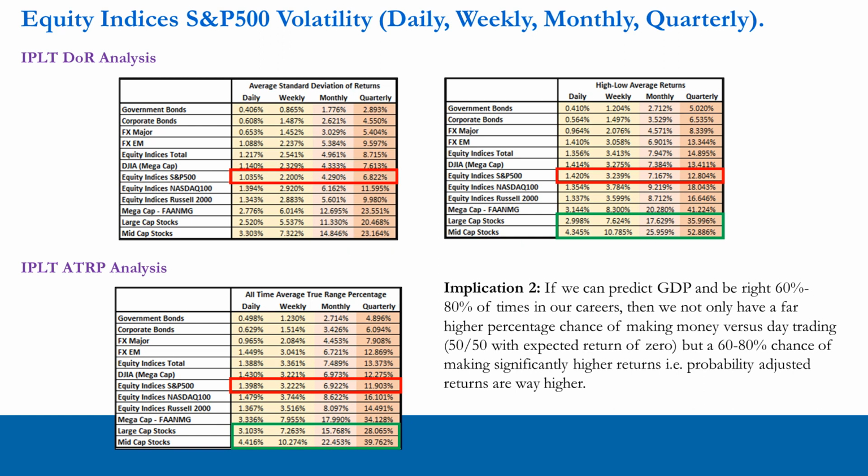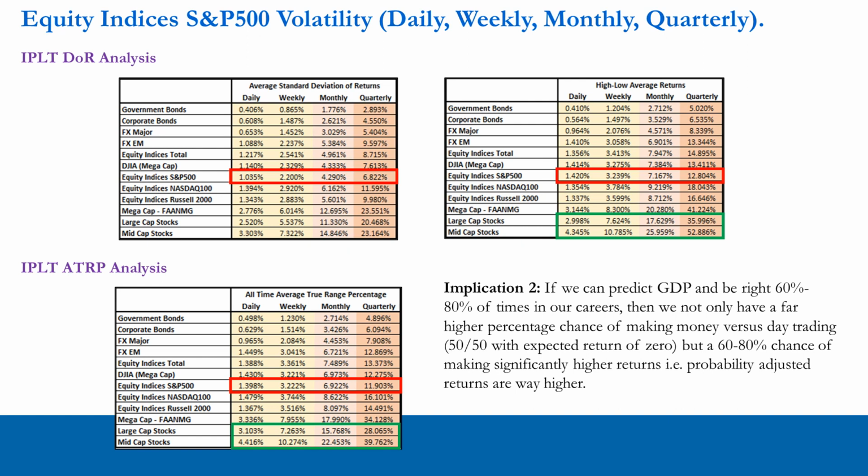But if we actually look at high and low data for large cap and mid cap stocks, especially on a quarterly basis, we can see that the numbers are significantly higher when looking at large and mid cap stocks. So if we look at the S&P 500 at 12.8% high-low average returns from historical data, we can compare that to large cap and mid cap stocks of large caps 36% and mid caps around 53%.